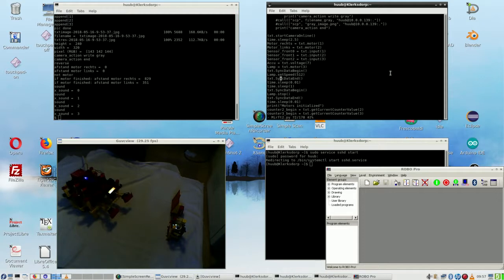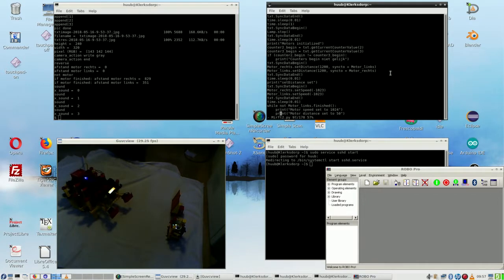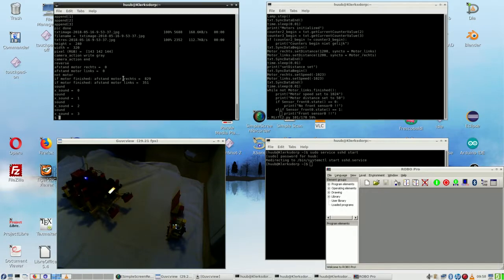Yeah, that is correct. So which is then here? This is then motor 1 and this is motor 2.